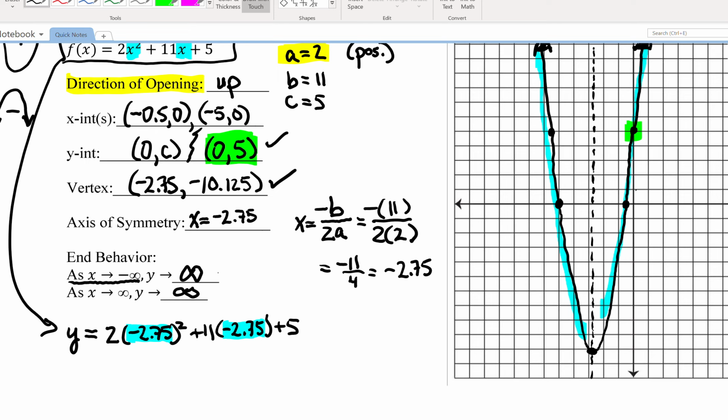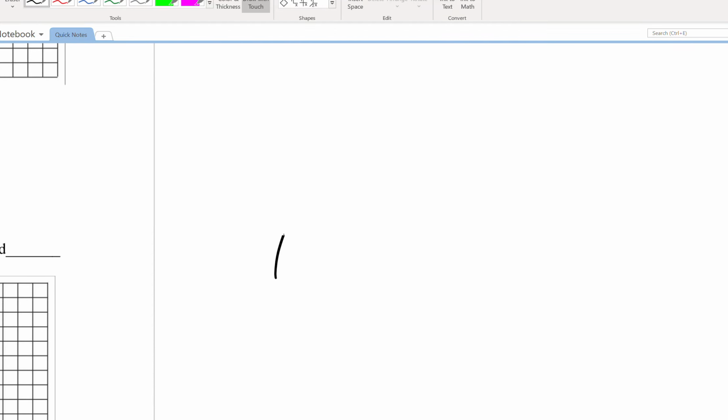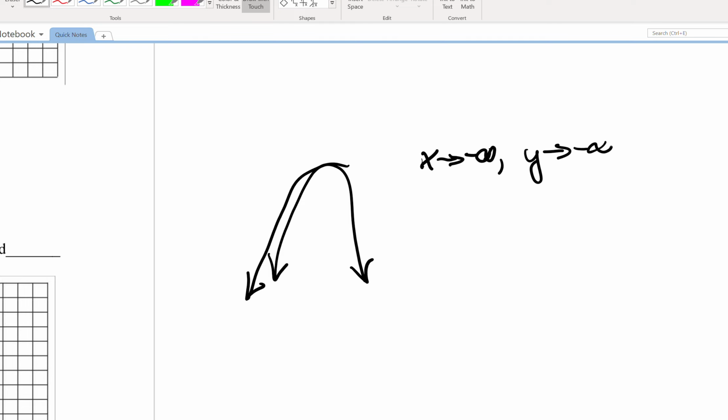So with parabolas, it's either going to be both positive or both negative. So if I had a graph like this, then it would say, as x approaches negative infinity, what's y doing? Well, as we go to the left, it's going down. And so that would be y approaches negative infinity. And what happens on the right?